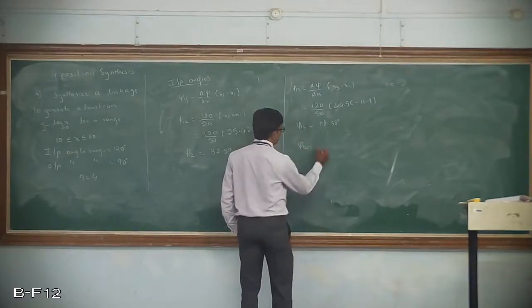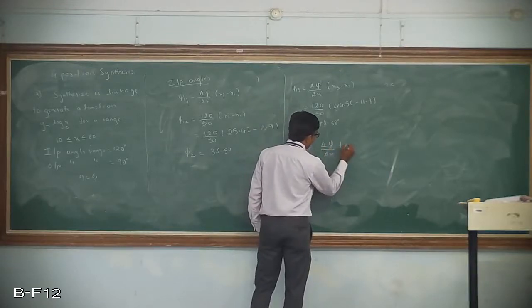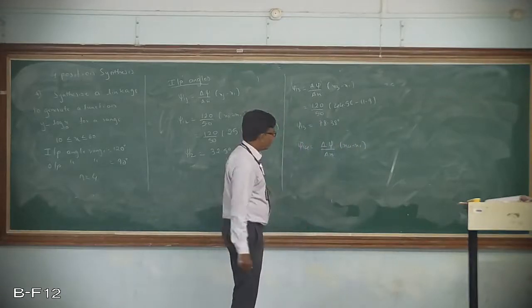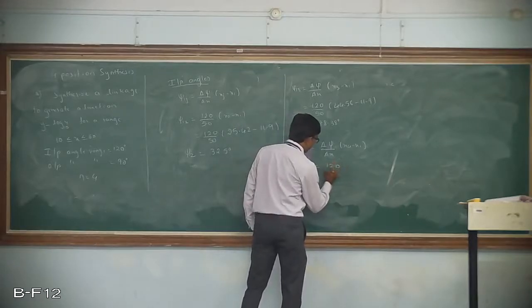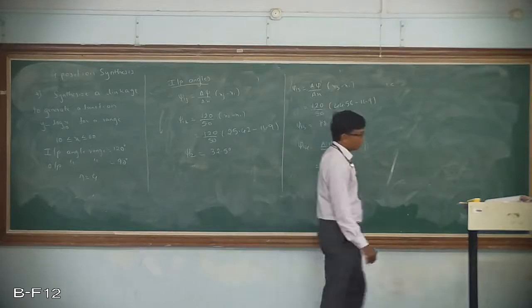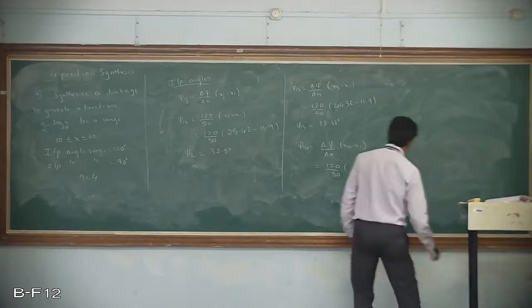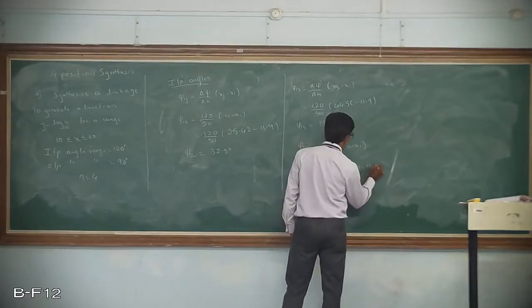After that we will be finding out xi14. So xi14 is similar, delta xi upon delta x into x4 minus x1. So delta xi is 120 divided by 50 into x4, which is 58, minus 11.9.